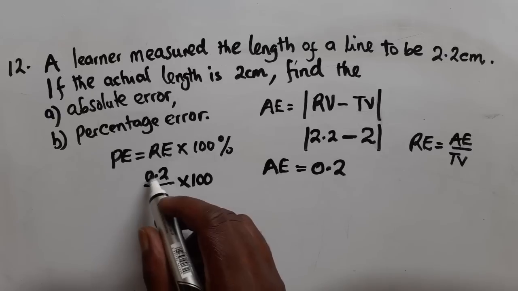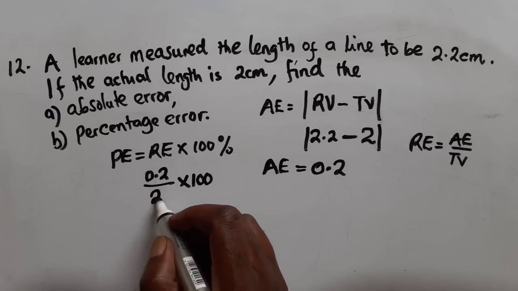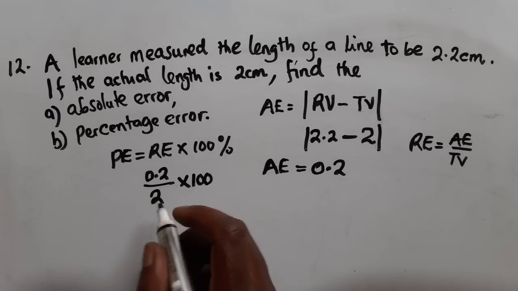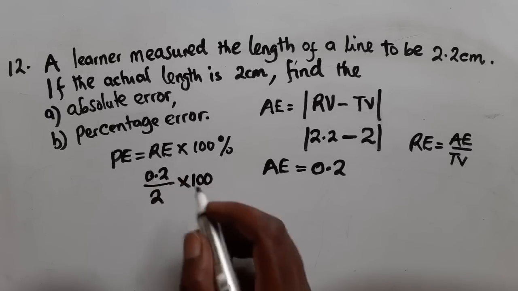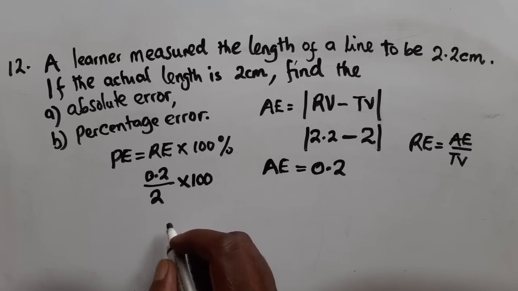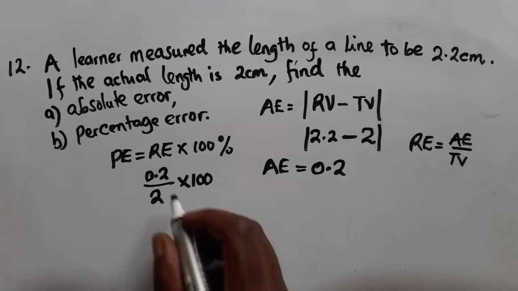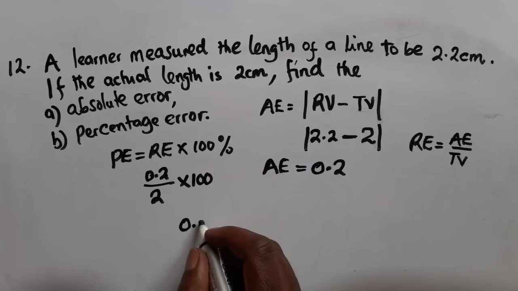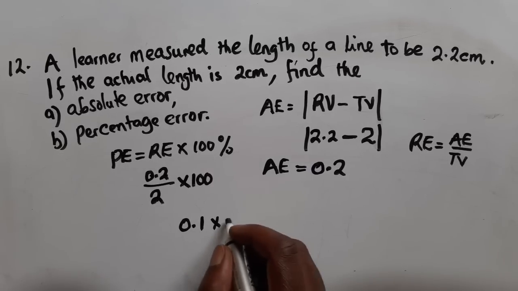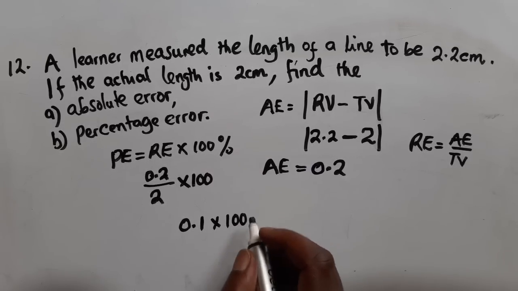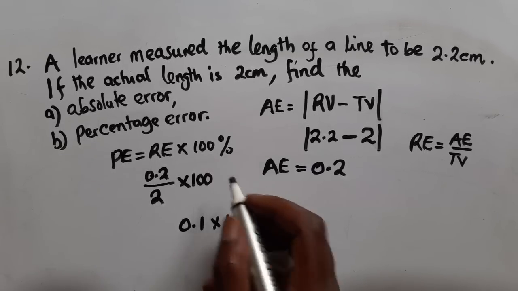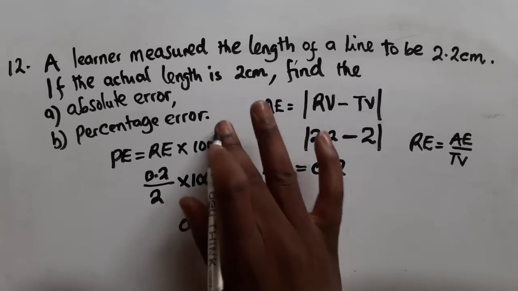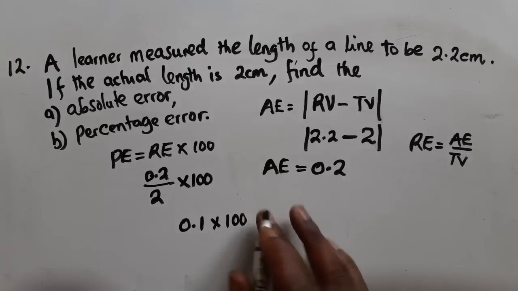If you want, we can divide this here. 2 into 0 gives us 0. 2 into 2 gives us 1. Multiplied by 100%. Okay? You multiply by 100.